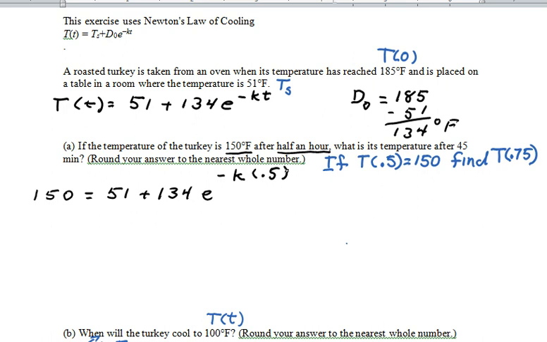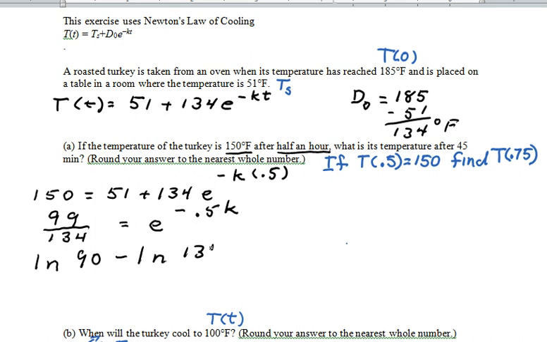And so we're going to subtract 51 from both sides. That'll give us 99. We'll divide by 134. And that is going to give us e to the negative 0.5k. Taking the log of both sides will be the natural log of 99 minus the natural log of 134 will equal negative 0.5k.